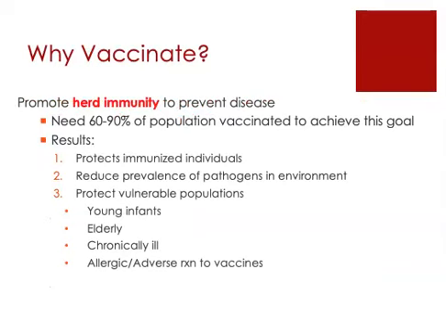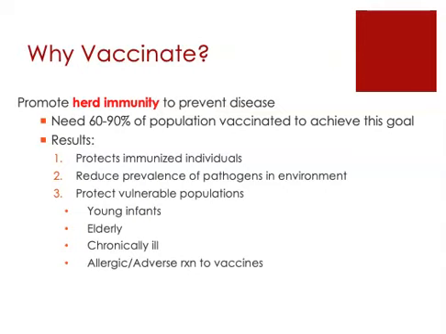Let's take a couple minutes and talk about this concept of herd immunity. When we are vaccinating in a community, we need somewhere between 60 and 90% of the population in that community to become vaccinated in order to achieve what we refer to as herd immunity.